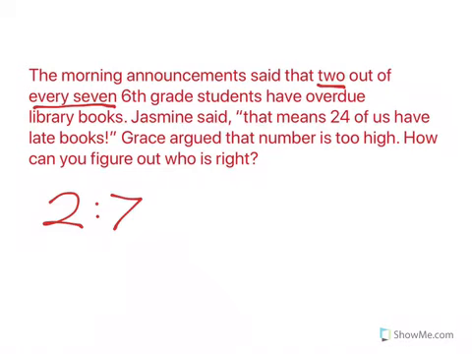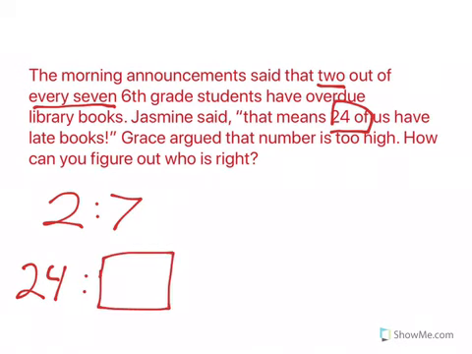If we're going to look at 24, they said 24 of us have late books. That would mean 24 students have late books for currently an unknown number of total sixth grade students altogether. So let's take a look at this.